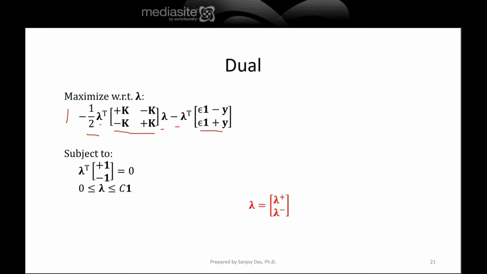That's a quadratic, and the constraints have been changed accordingly, and it's all based on this notation here. Lambda is lambda plus, lambda minus. And this is the kernel, xi transpose xj, but in general, it's the kernel of xi comma xj.